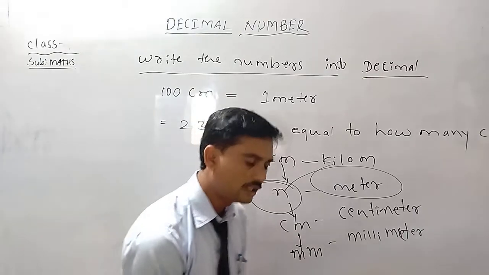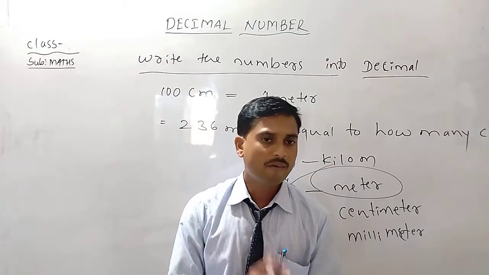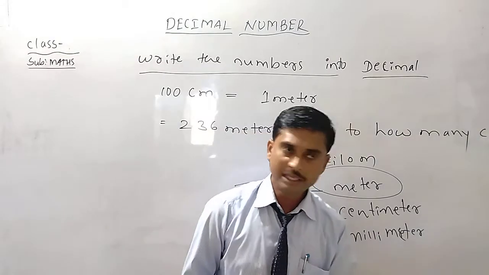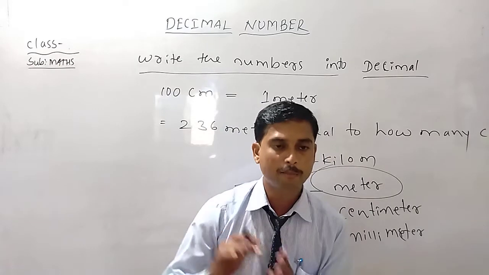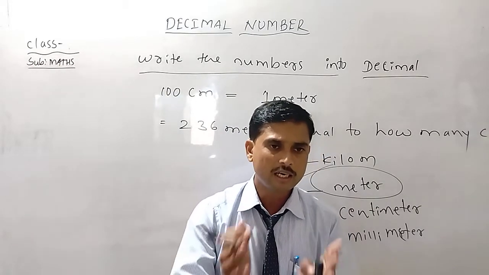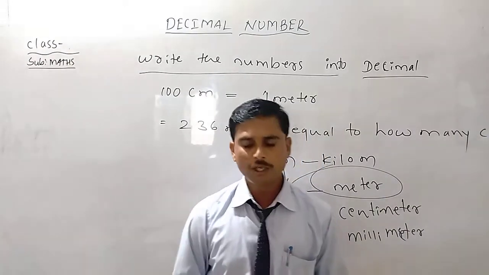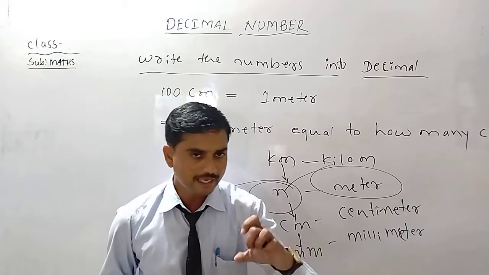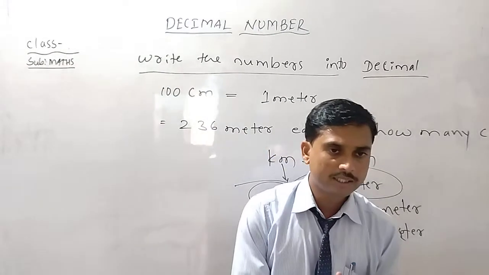And which is the standard unit of measuring volume? For liquid items, in the sense we are using, like milk, petrol, diesel. These are liquid items. We measure in liter. The standard unit of measuring volume is liter. And which is the standard unit of measuring weight?